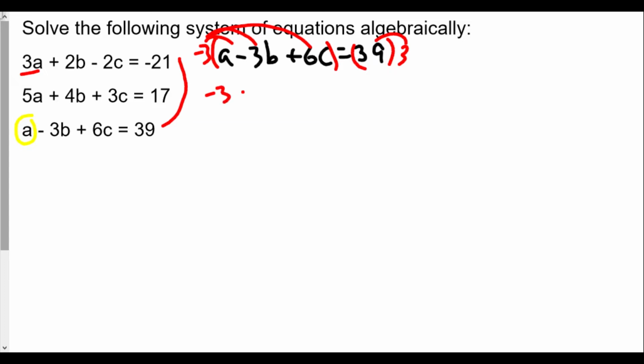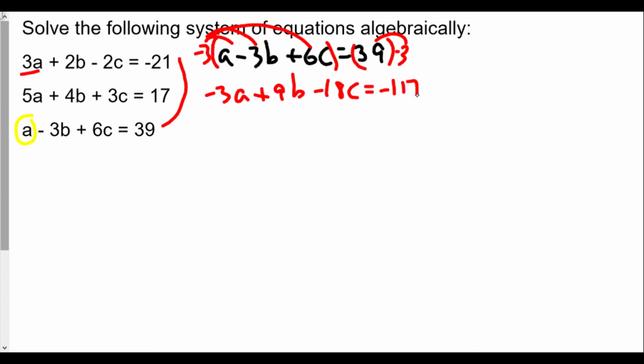So we have -3a, minus 9b, oh, sorry, plus 9b actually. It is late. And then minus 18c is equal to -3 times 39, which is -117.